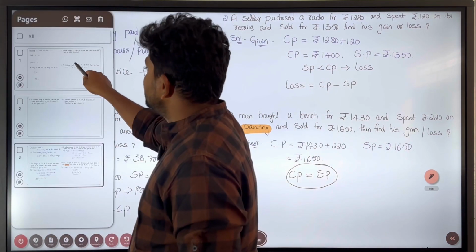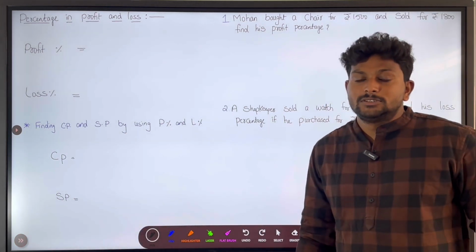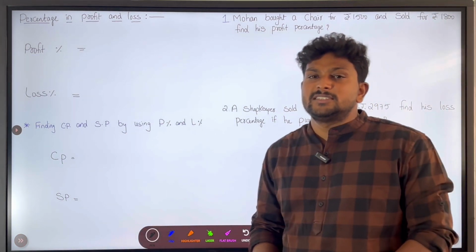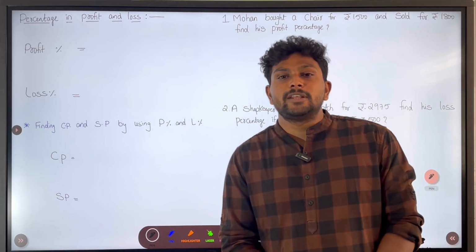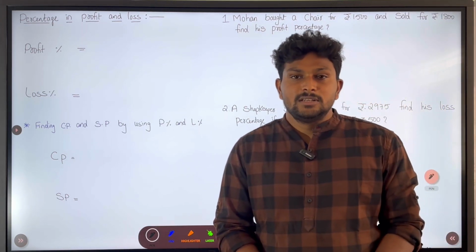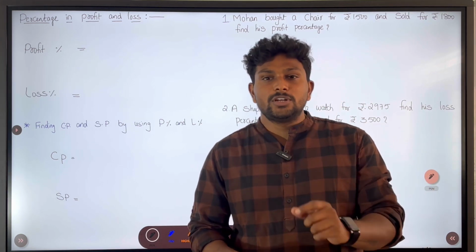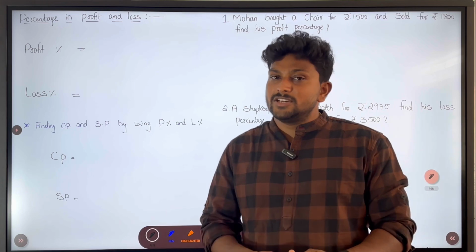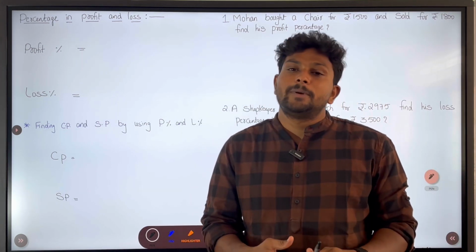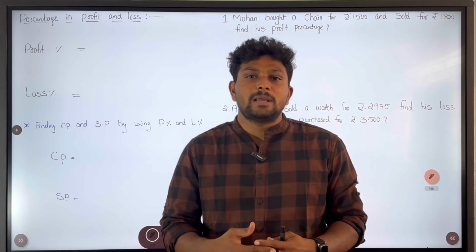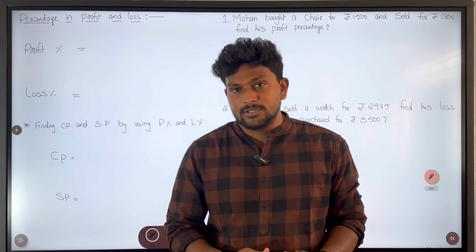Percentages in profit and loss. Why do we need percentages in profit and loss? In general we have already discussed the importance of percentages. Percentages play a very crucial role in transactions. For example, if you take a company, its transactions will be in crores, or 100 crores or 1000 crores.